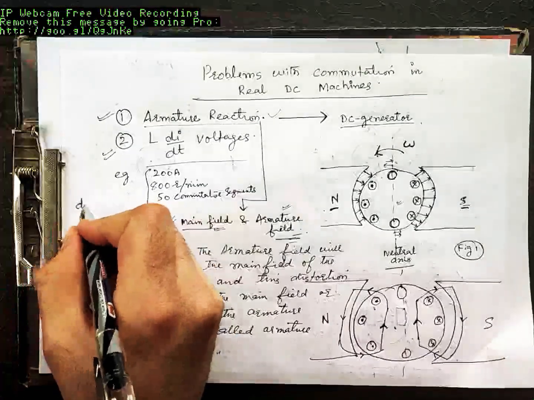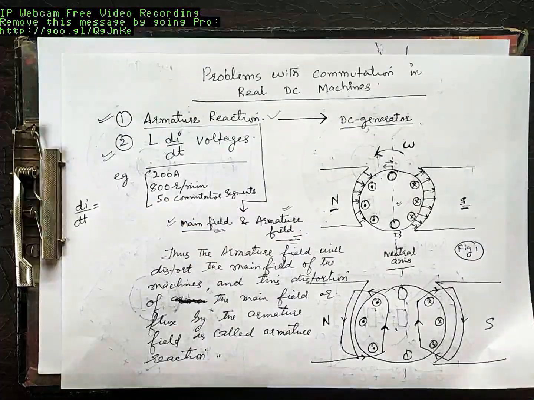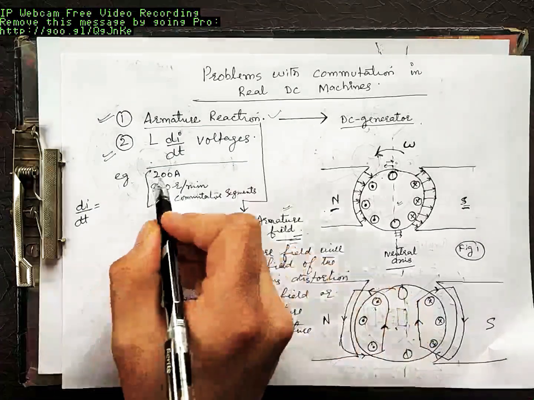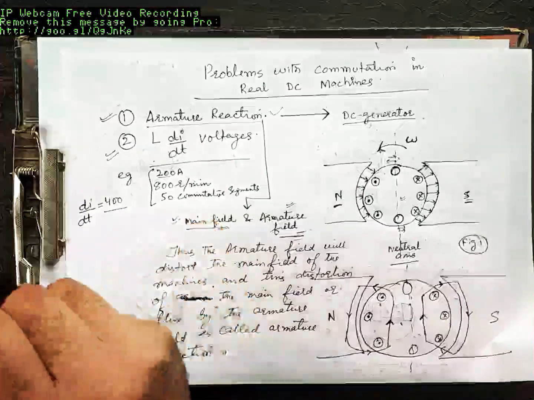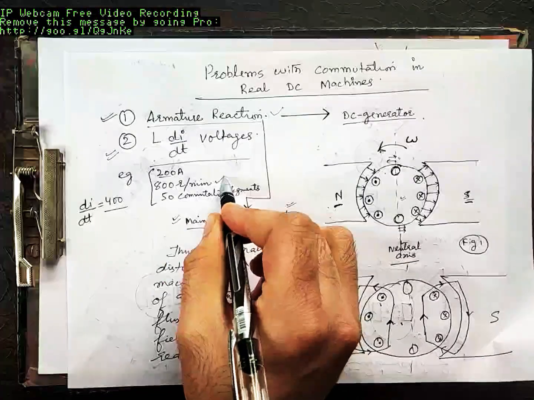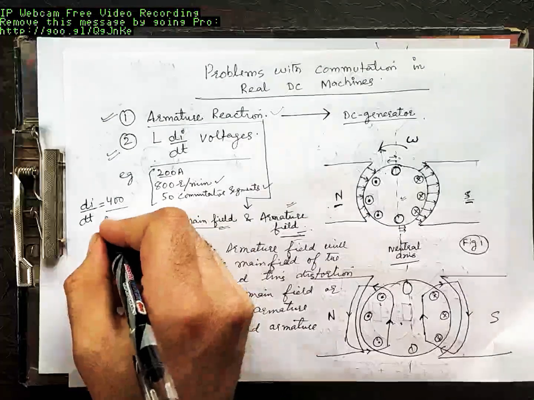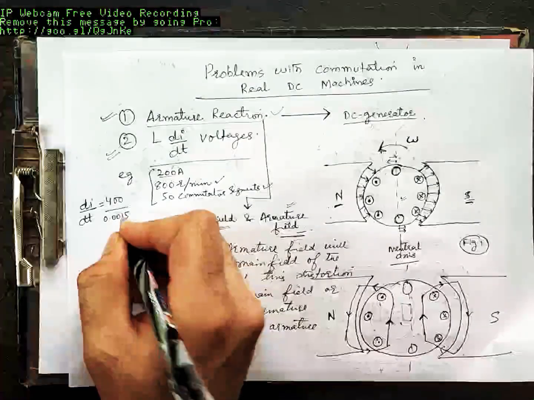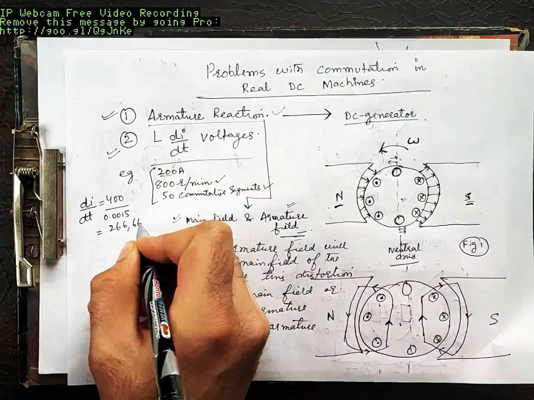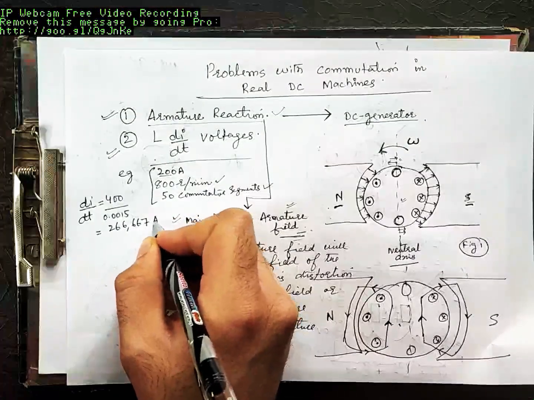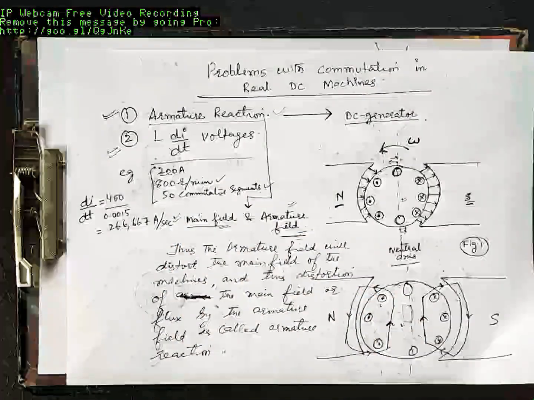Then we can calculate this di by dt, the change in current. Change in current is final current minus initial current. Total is 200 minus minus 200, that is 400. And the time, from the calculations using revolutions per minute and the number of commutator segments, comes out to be 0.0015. So this di by dt is 266,667 amperes per second. This is directly from the book. I will explain how these things happen when I discuss numericals with you.